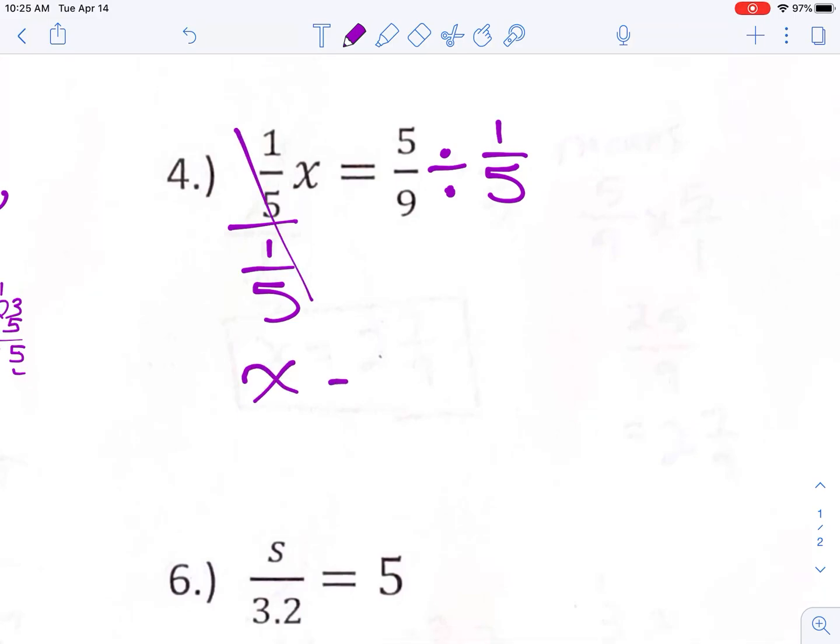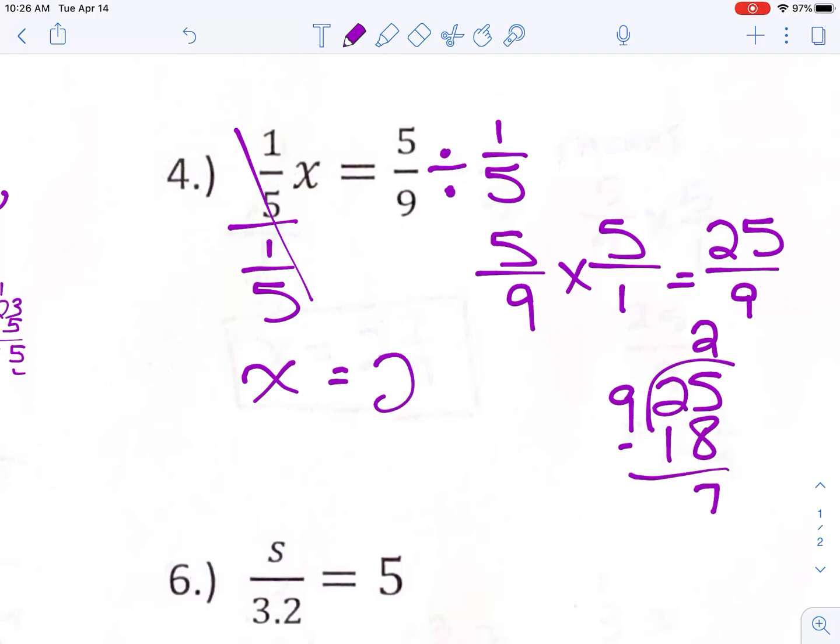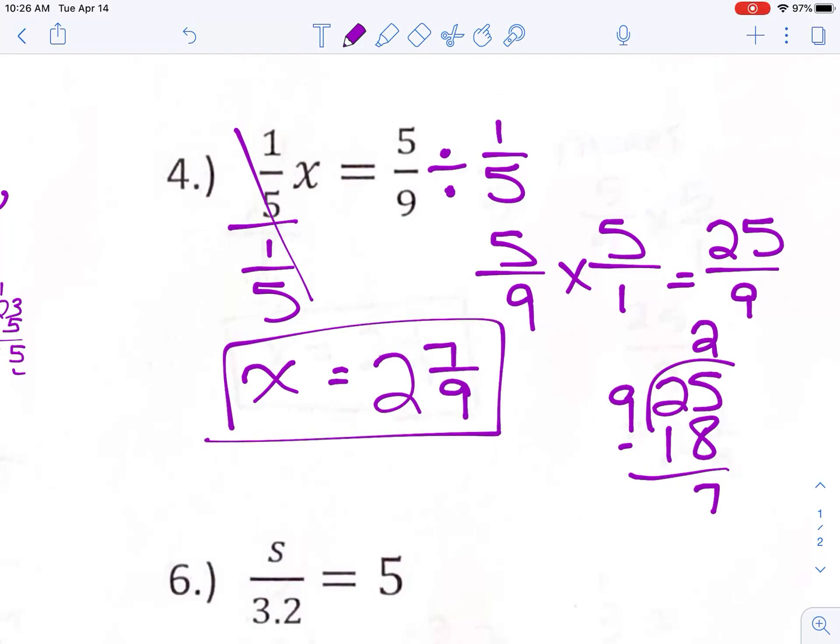Okay, on the left, 1/5 divided by 1/5 is just x, 1x. And then remember, we do not divide fractions. We keep it, switch it, flip it, or multiply by the reciprocal. Nothing can cross cancel, so we'll just multiply straight across and get 25/9. Remember, 25 divided by 9 goes in twice, which is 18 with 7 left over. So we have 2 7/9.